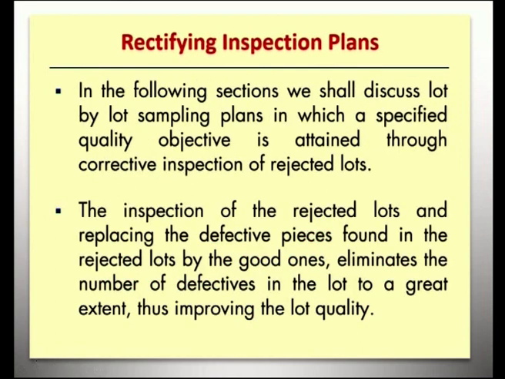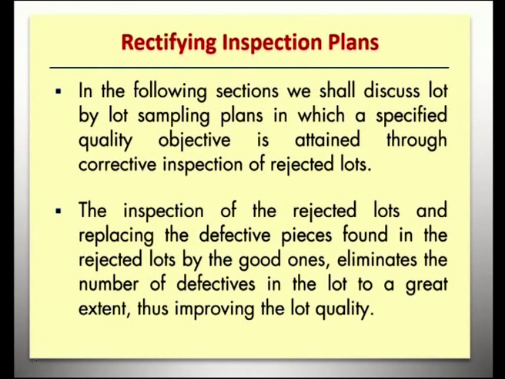Next, we talked about acceptable quality level and rejecting quality level, and we talked about acceptance sampling plans. Next, the rectifying inspection plan. When somebody accepts a lot and it happens to be bad, then it is rejected and it goes back to the producer. So, the producer has to rectify what is the problem in that particular lot.